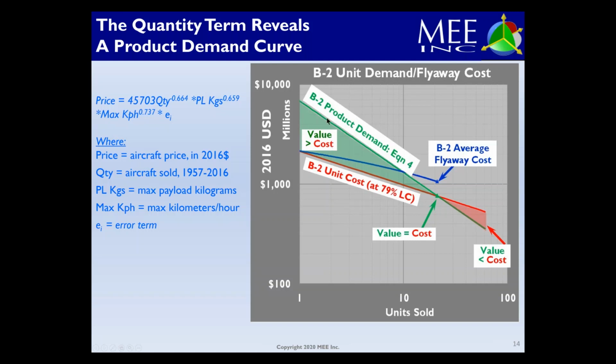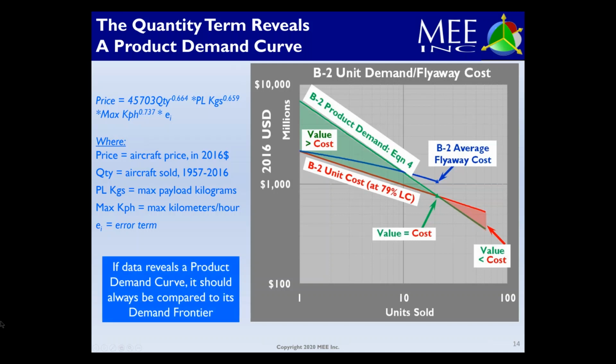But at a certain point, if this demand curve is steep enough, and this one is, the value will eventually equal the cost. And beyond that point, the cost will exceed the value, and that's when production stops. So the point here is that if the data reveals a product demand curve, it should always be compared to the demand frontier in its market, because that's going to indicate a limiting value for that product.